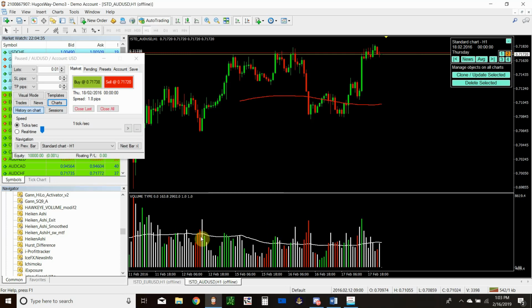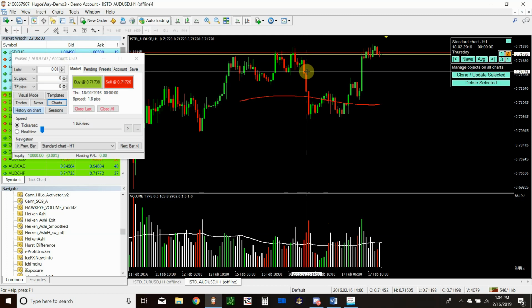Alright, so the way these volume indicators work is you want to look for price to go above the moving average, which is what we're doing here. So if you look right here, price goes above the moving average and there's buy volume right here, which would have put us in on that candle.